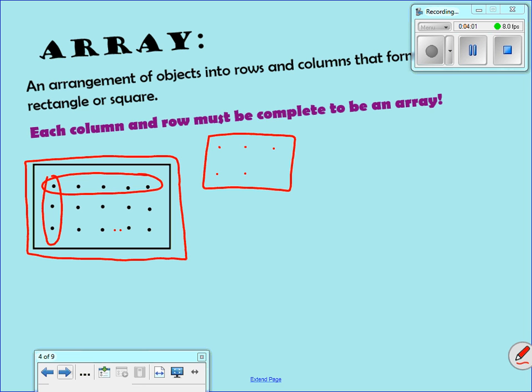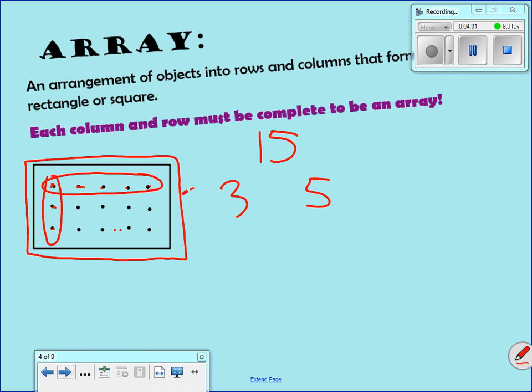So using this array right here, we can see that the factor pair is 5 times 3. So a factor of this array is 3, 1, 2, 3, and 5, 1, 2, 3, 4, 5.